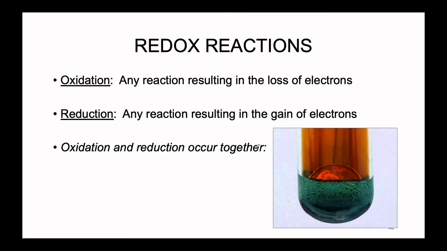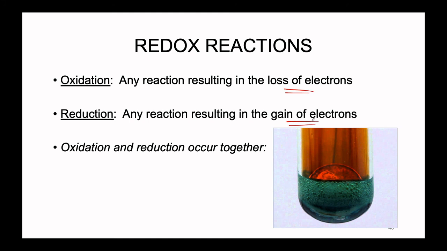A redox reaction is always a combination of reduction and oxidation. Oxidation is a reaction that will result in a loss of electrons for one of the species present, and reduction is going to be the result of the gaining of electrons in the chemical reaction.